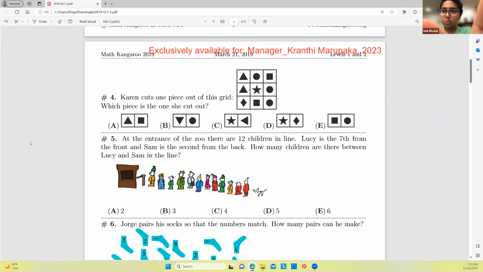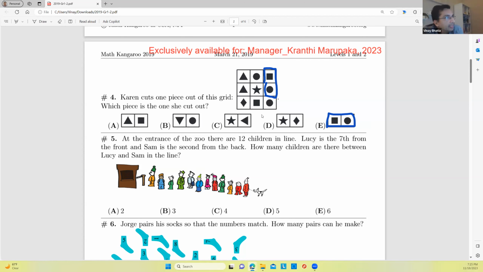The square and circle right here is the same as right here, but just flipped. That is correct. There's also square and circle here, so you don't need to flip it. You can just take the last row and then the square and the circle in the last row. So that can also be the answer.